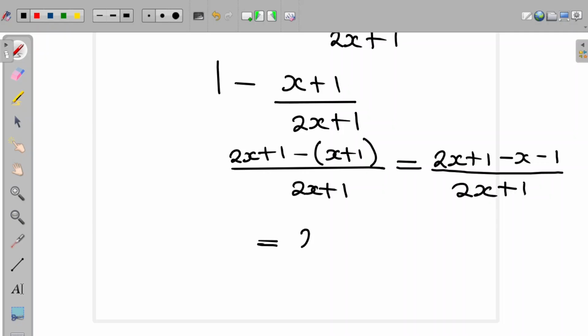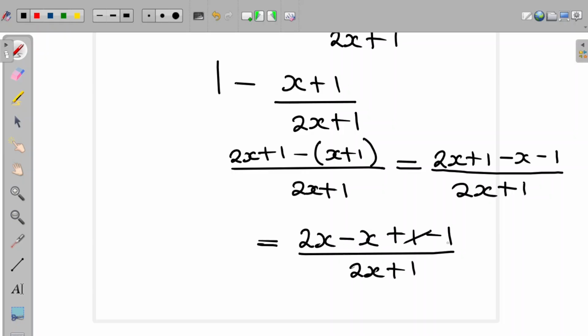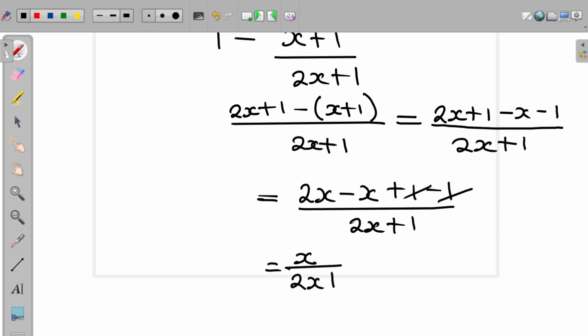So we have it that 2x minus x plus 1 minus 1 divided by 2x plus 1. So plus 1 minus 1 will cancel out. 2x minus x is x. So we have x divided by 2x plus 1. We have been able to simplify the fraction given to us.